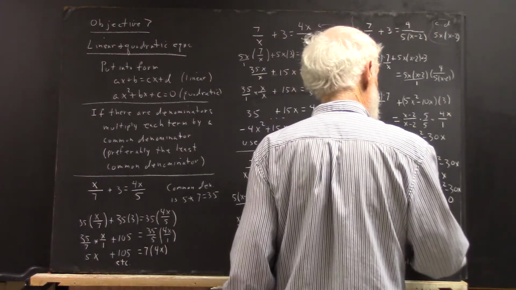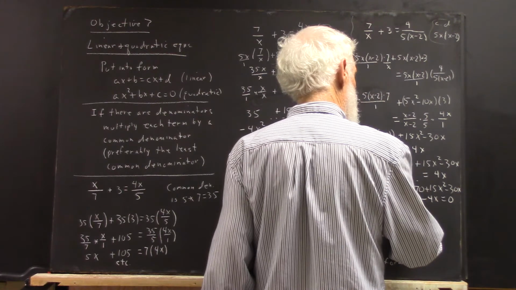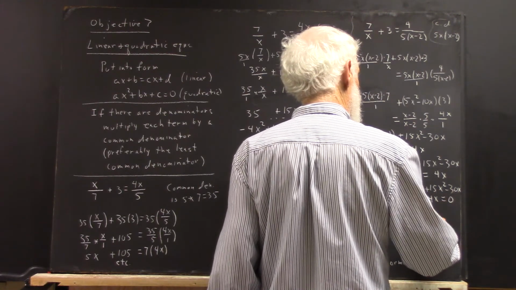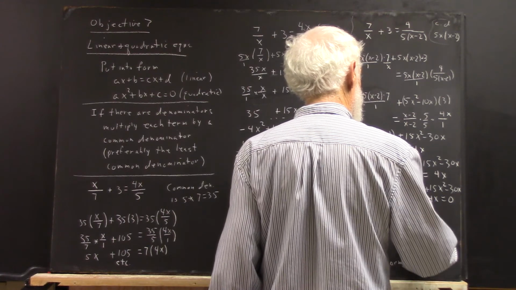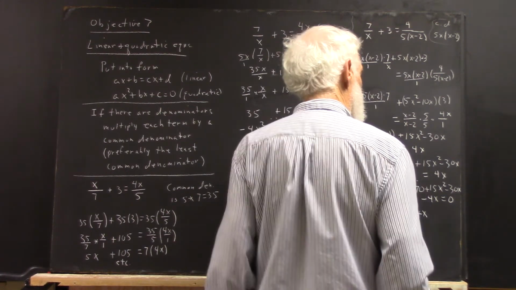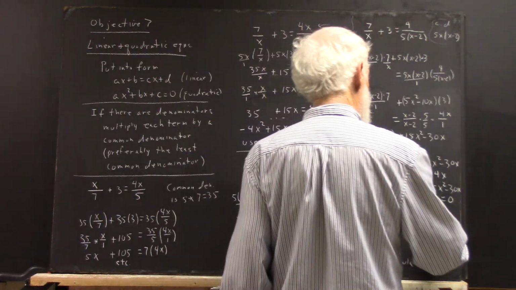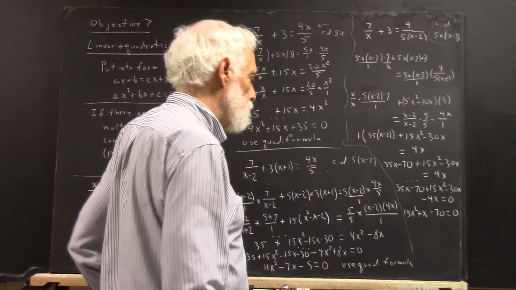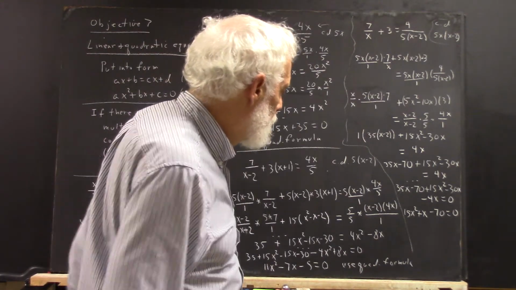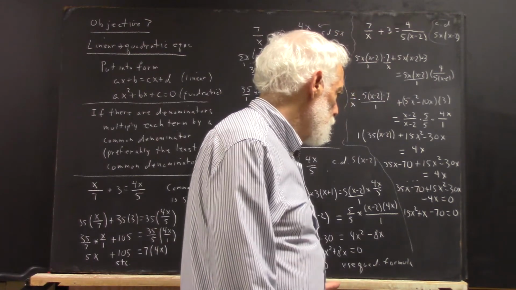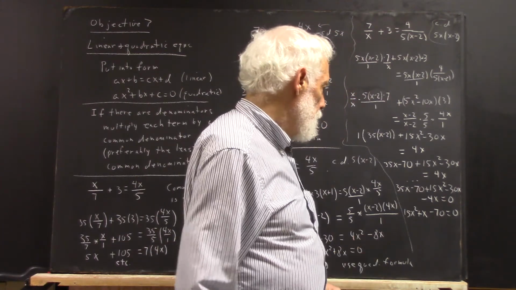And then we have what? 35x and minus 30x and minus 4x. That just gives us x. And we got 15x squared. And then we have minus 70 equals 0. Okay? Now again, I don't think you're likely to get this to factor.